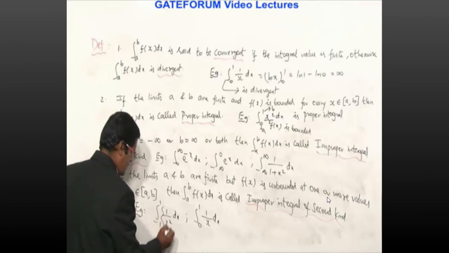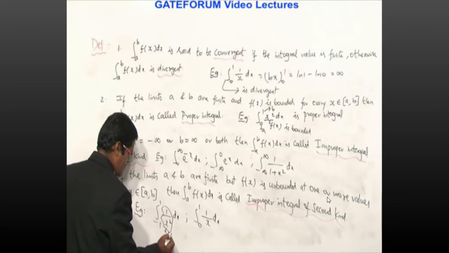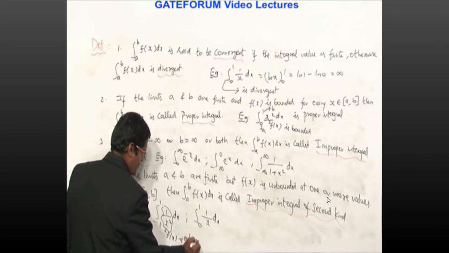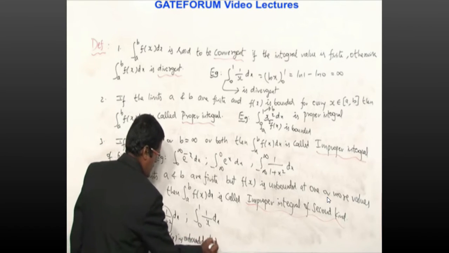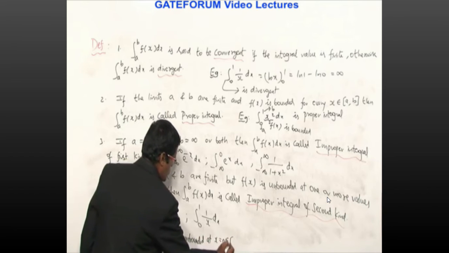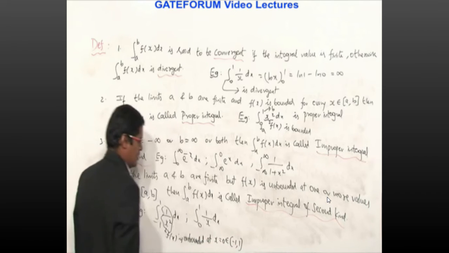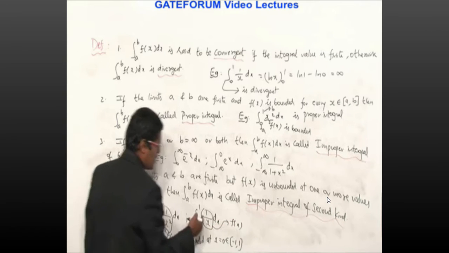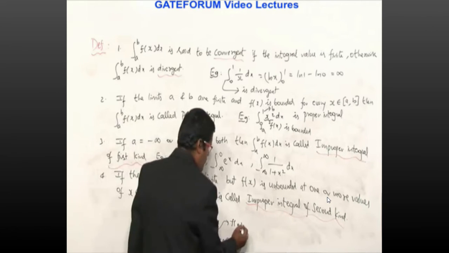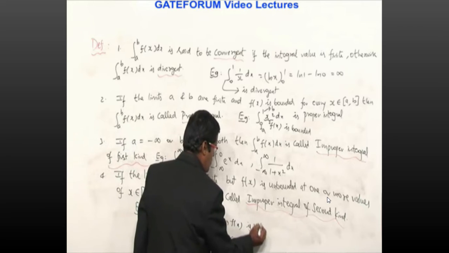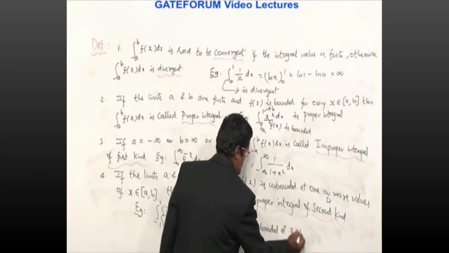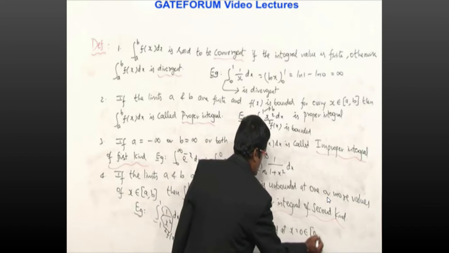So here f(x) is unbounded at x equal to 0 belongs to closed interval [minus 1, 1]. At x equal to 0 it becomes infinity, it is unbounded at x equal to 0 belongs to closed interval [0, 1].